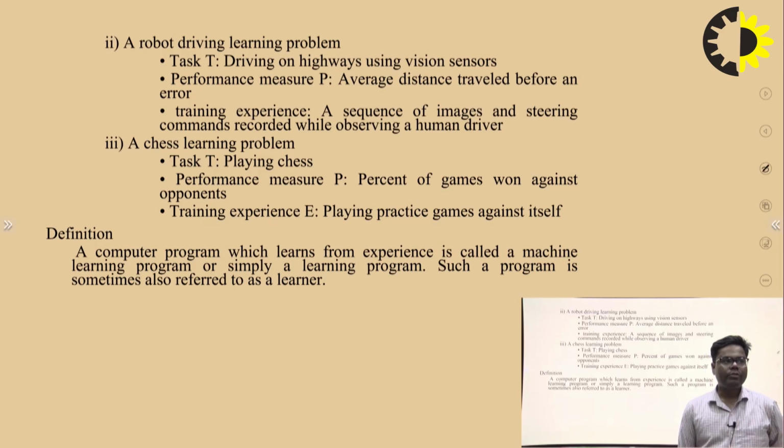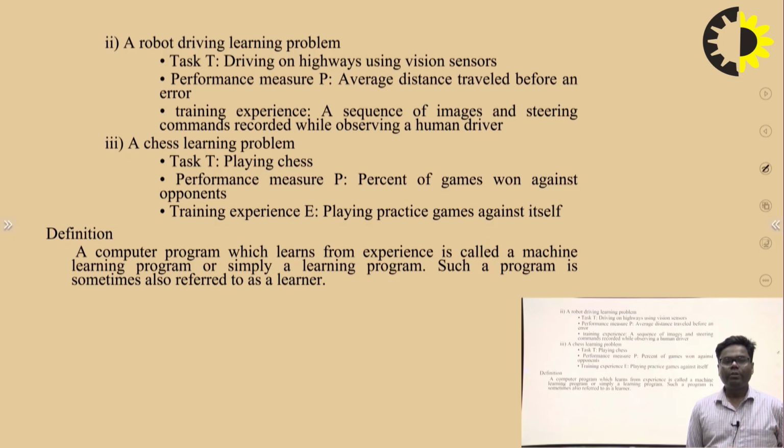Next example is a chess learning problem. Task T is playing chess. Performance P is the percent of games won against opponents, and the training experience E is playing practice games against itself.